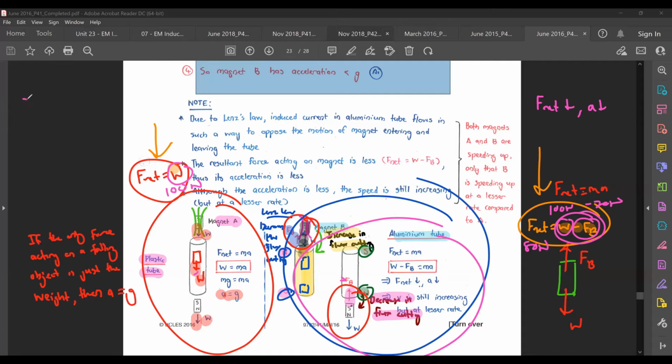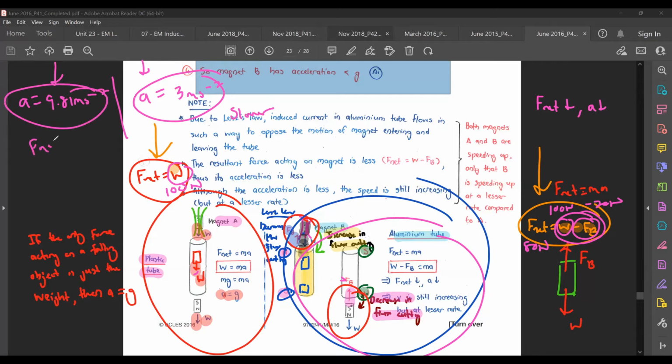If I give you A equals to 9.81 meter per second square versus A equals to say 3 meter per second square, which one will actually be moving slower, the left one or the right one? This one will actually be moving slower, right? And then this one will actually be moving faster, right?